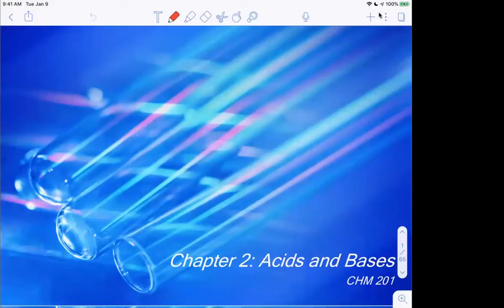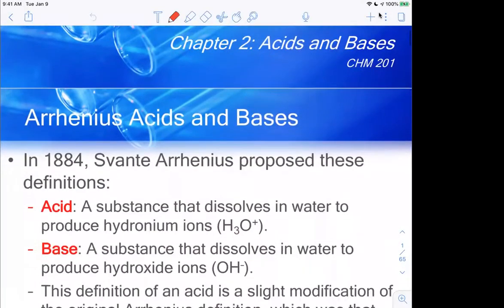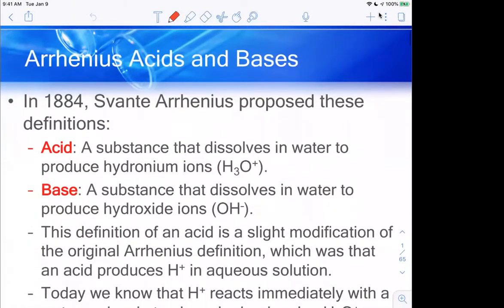All right. So chapter 2 is looking at acids and bases, and specifically organic acids and bases. We're going to start with some basic acid-base theory. There is an Arrhenius theory, which defines an acid as a substance that dissolves in water to produce hydronium ions, which are H3O plus ions.